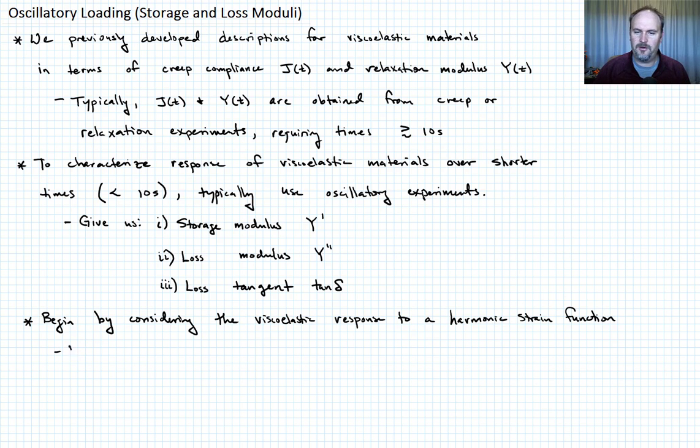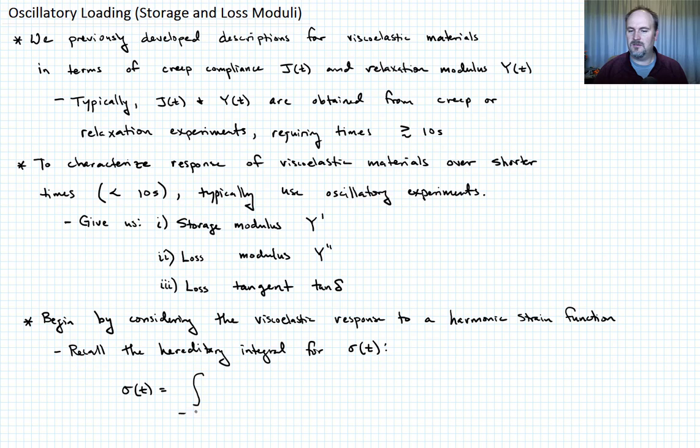Just recall our hereditary integral for sigma of t, where sigma of t is equal to, and I'm going to use the Stieltjes formulation, the integral from negative infinity to t of Y, the relaxation modulus, times (t minus xi), times epsilon dot, the strain rate, which is a function of xi, d xi. Right? Hopefully that's familiar to you from previous lectures. We'll call that equation 1.